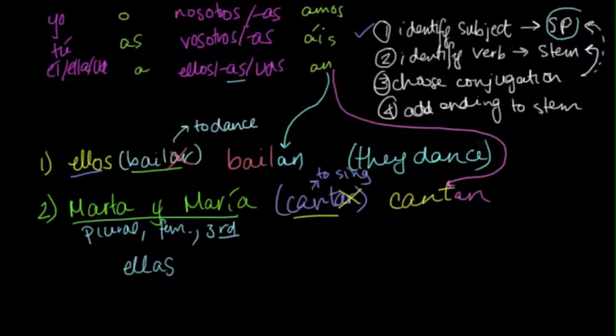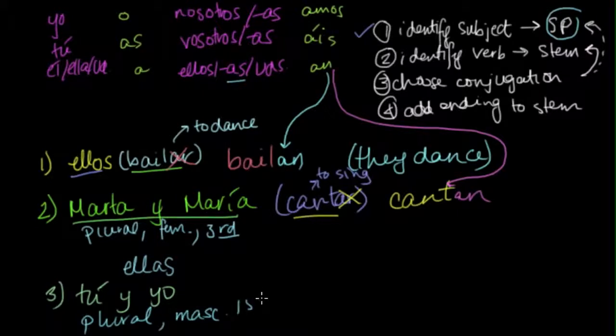All right, let's do one more. Number 3. Tú y yo. And this will be plural. We're working with our subject, step 1, plural. We will default to masculine, and it's in the first person because we have yo in there, which means we need nosotros.